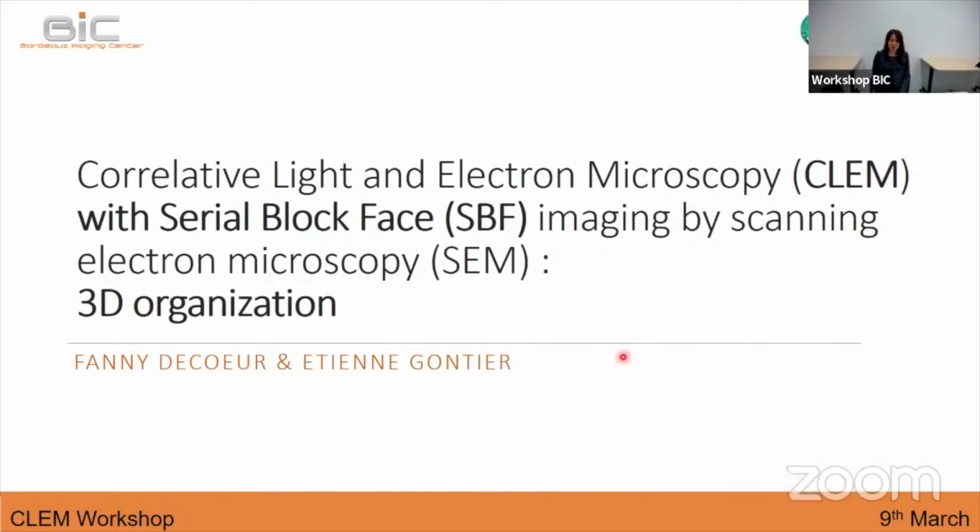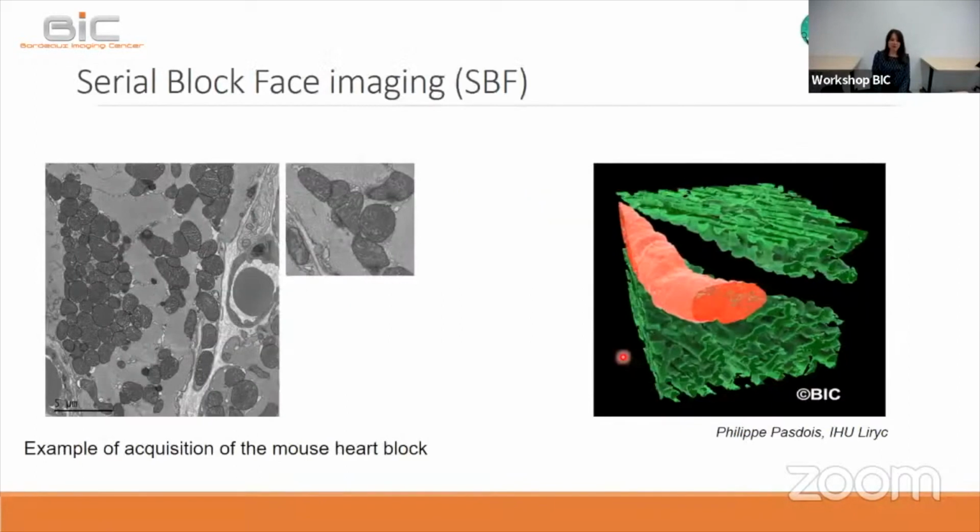So good morning, everyone. Now we will talk about CLEM with serial block face imaging. So first, what is SBF? It allows us to obtain high resolution 3D images from a large volume of a sample.